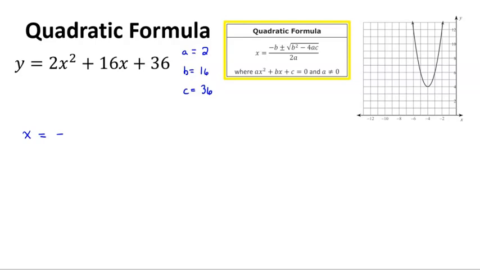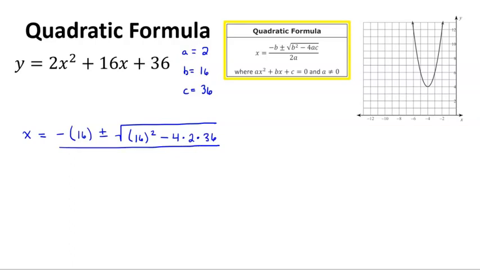All right, here we've got negative and then our B value, which is 16, plus or minus the square root of B, which is 16, squared minus 4, times our A value, which is 2, times our C value, which is 36, all over 2 times our A value, which is 2.